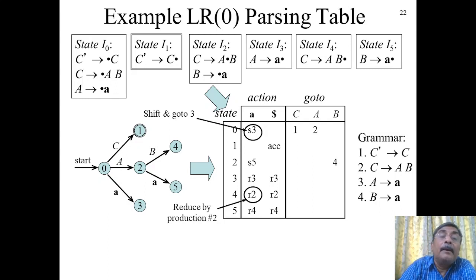Now you see what could be the symbols? The symbols at the input could be small a and dollar, right? Then why this CAB? Because in the reduction steps, at some point of time, you'll find your previous state was 0 and your current input symbol is capital A. Where do you go? Remember these situations?